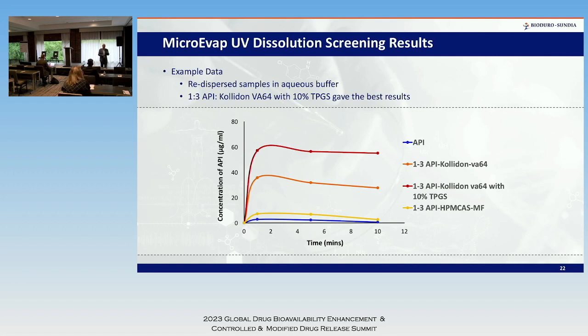If you look at the Kaletra formulation, which is Norvir and ritonavir, both of them are BCS 4. They have to be dosed together. So we know that those two drugs together get absorbed much better than each one of them individually.